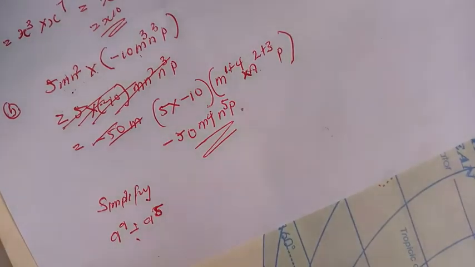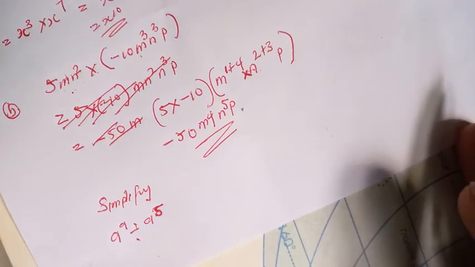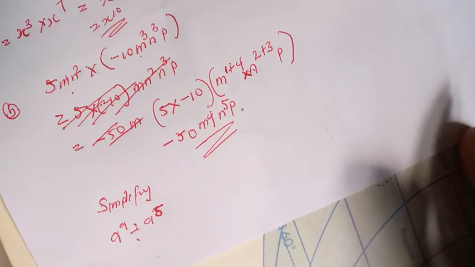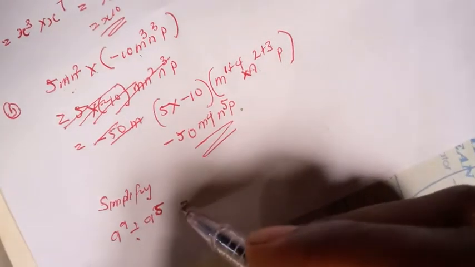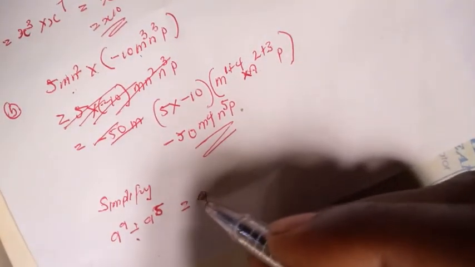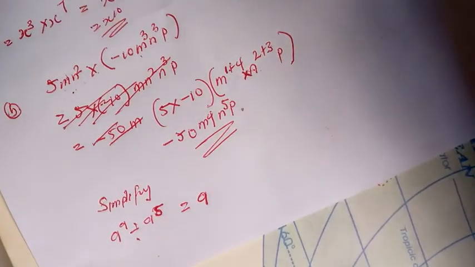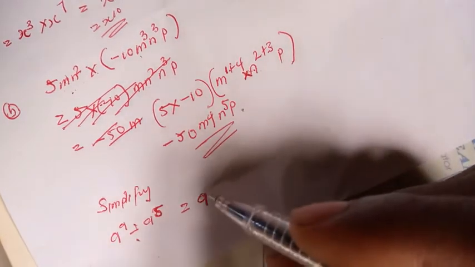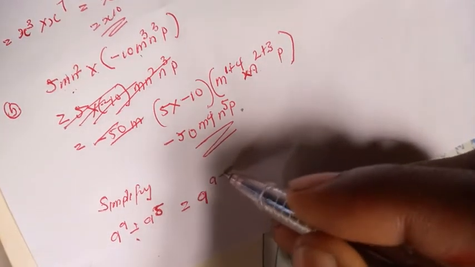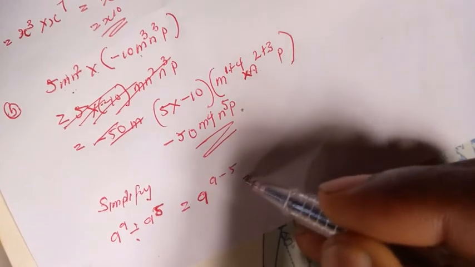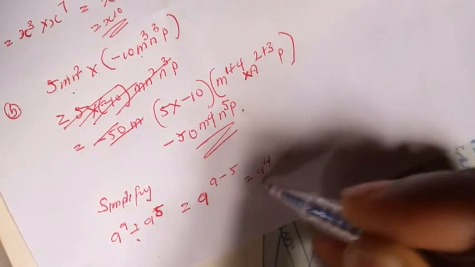So what do we do? In this situation, our answer will be equal to, since they have the same base, taking the second law of indices from the theory I gave here, a to the power 9 minus 5, which is equal to a to the power 4.